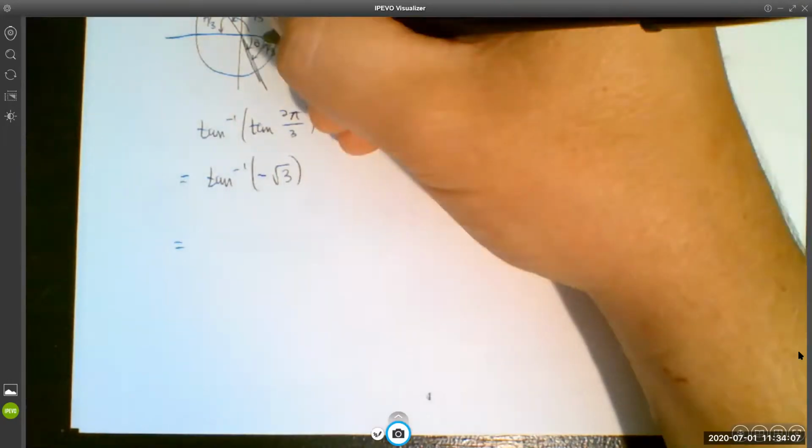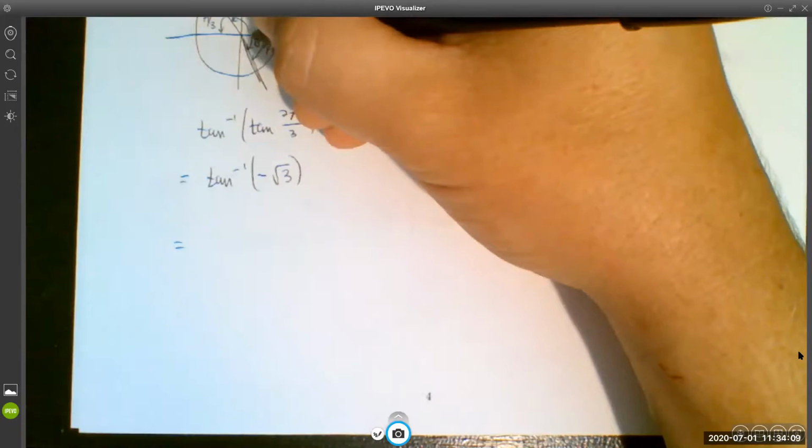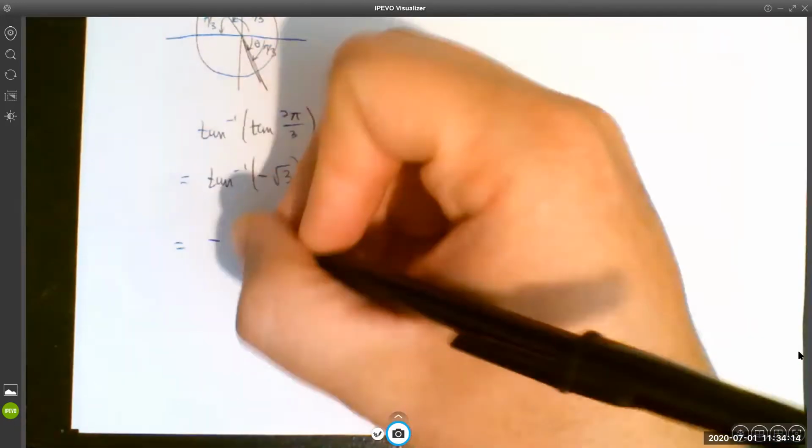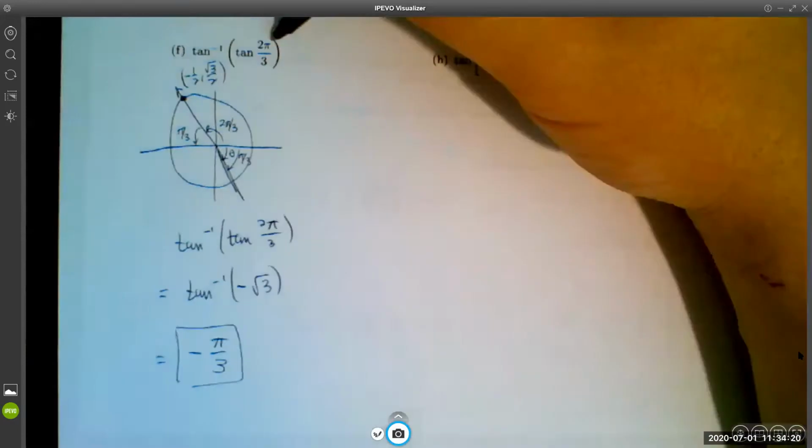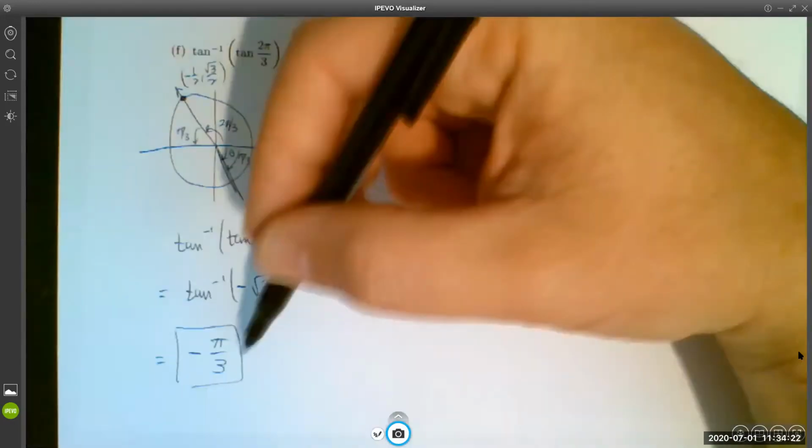But since theta is being measured in the clockwise direction, we're going to say theta equals negative pi over 3. So there's a clear example where tangent inverse of tangent of some angle is not necessarily the same angle. It does work out when the angle is acute. When the angle is not acute, it doesn't always work out.